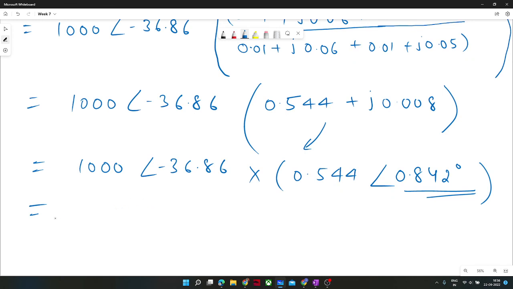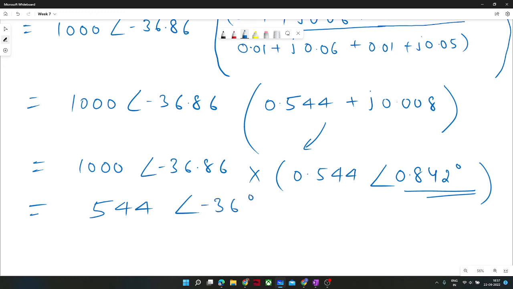So that would come out to be 1000 into 0.544, so that should be 544 angle minus 36.86 plus 0.842, so that is minus 36 only.